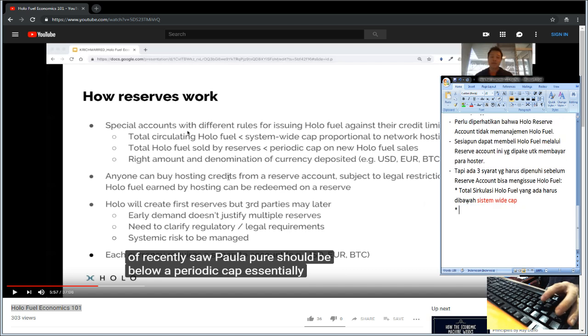Okay, then the total Holo Fuel sold must be below the periodic cap. What the heck is this?